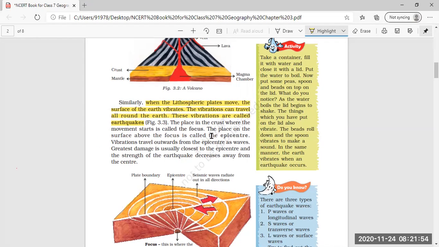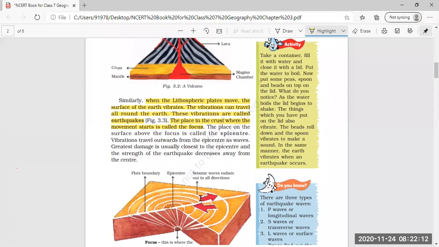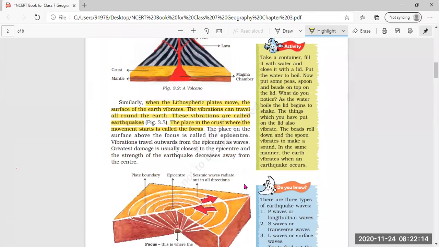The place in the crust where the movement starts is called the focus. Now, where this vibration starts, from where the earthquake vibration starts and the lithospheric plate starts moving, it is termed as focus.